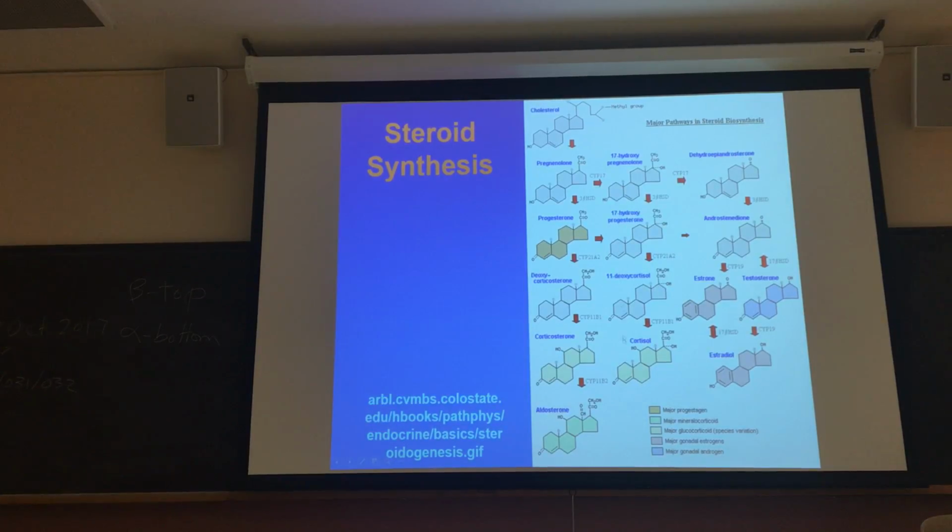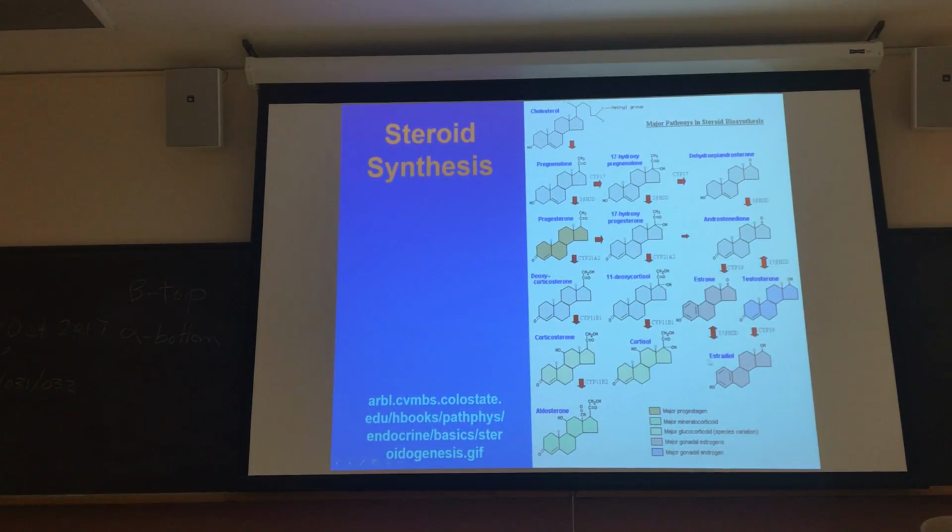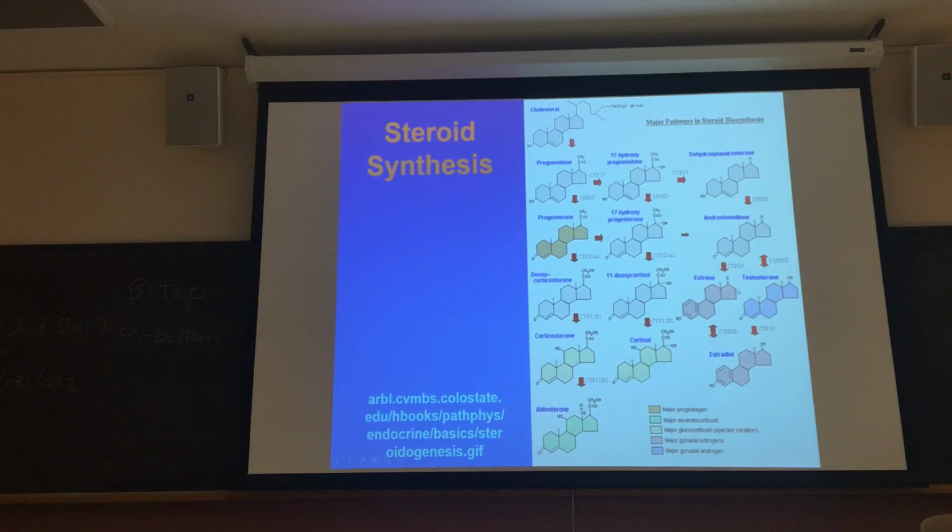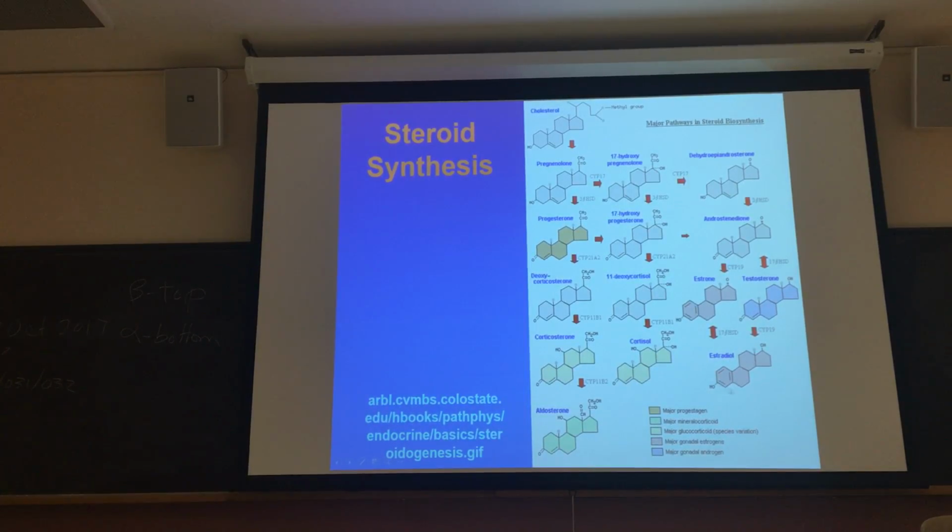This set of steps also occurs in the adrenal cortex, but these out here are only found in the gonads. And the last steps down here are particularly well represented in the female, but not the male. They can occur in the male, but at much lower intensity or much less common.